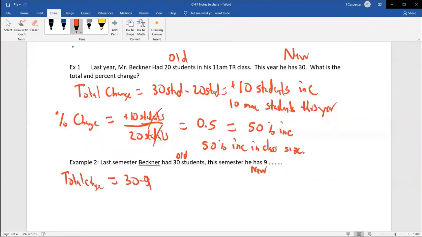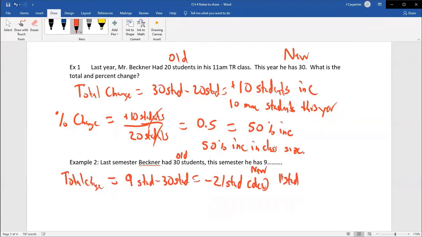It's just always the bigger minus the smaller. Nope. That is completely wrong. It's always new minus old. So we've got to do 9 students minus 30 students, which is negative 21 students, which says it's a decrease. So the class size decreased by 21 students.